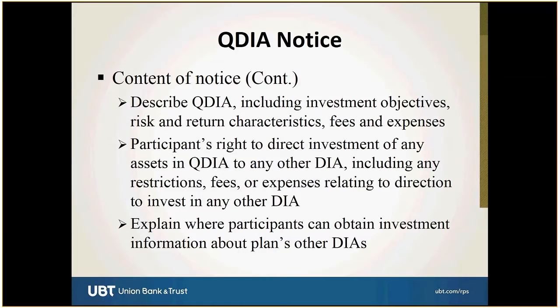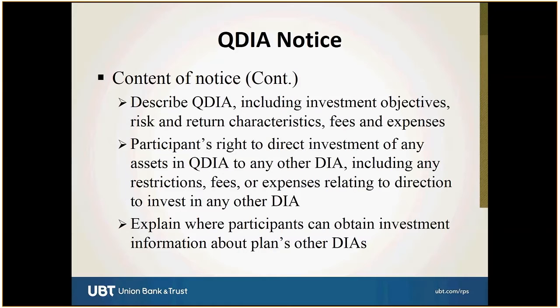in order to get our 404C protection, we need to provide enough information to the participant so that he or she can make an informed decision about how to invest that account.